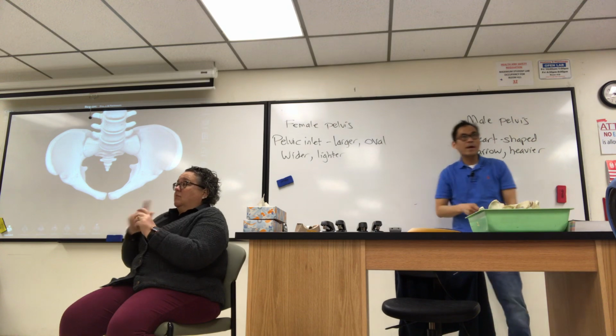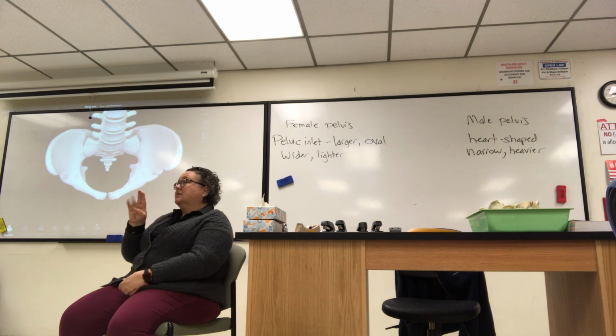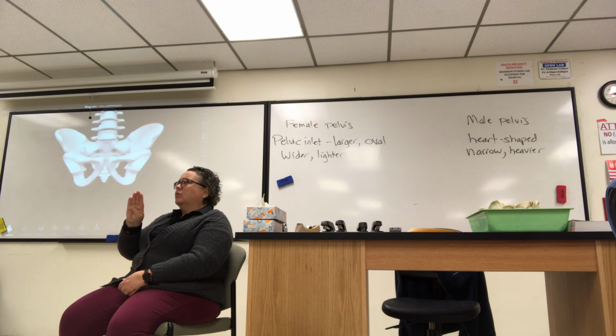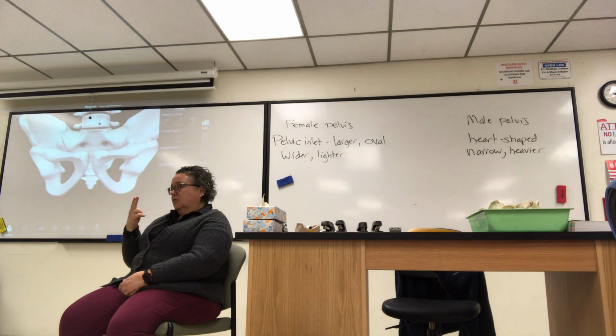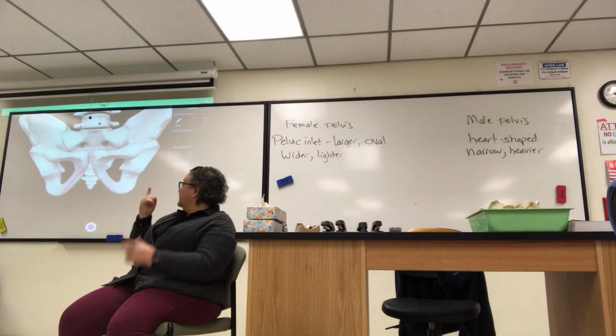Also, the number one way I tell is something called the pubic angle, or the subpubic angle, or the pubic arch. Let me show you. Let me go to this male pelvis and draw right here, where I draw the line, that angle.